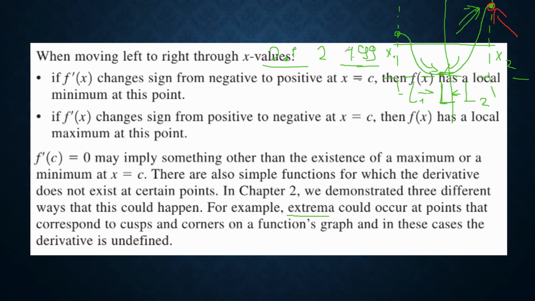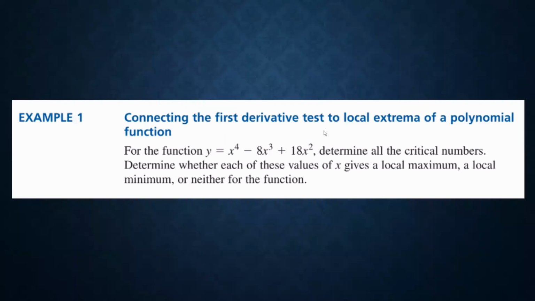So let's move on. Let's practice connecting the first derivative test to local extrema of a polynomial function. For this function, determine all the critical numbers, and determine whether each of these values of x gives a local maximum, a local minimum, or neither for the function.